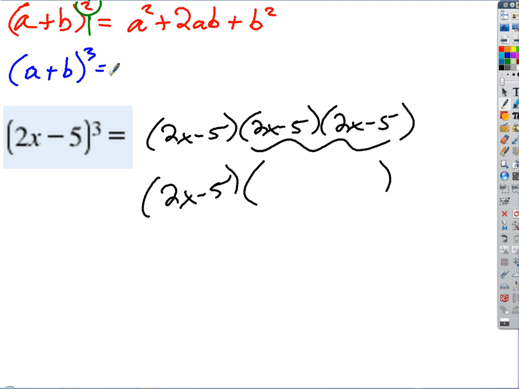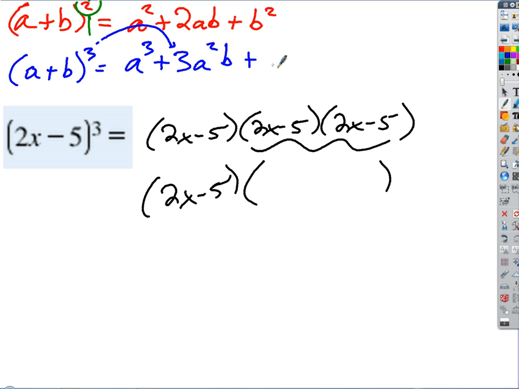So what's the first one going to be then? Got a 1 as the first coefficient. It's got to add up to 3. It starts with all A. Now what number? 3, right? Whatever the power is, that's your first coefficient. So it's plus 3. Then the A goes down by 1, the B goes up by 1.